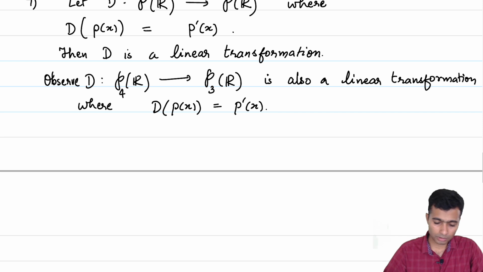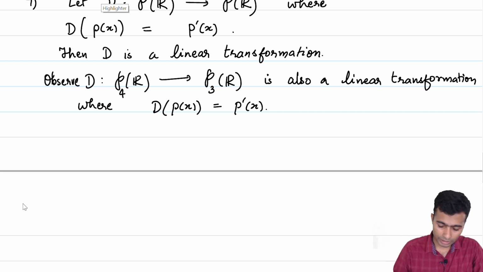Okay, another example might be to look at the example of the vector space R infinity.